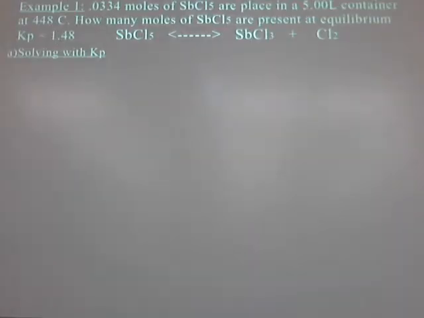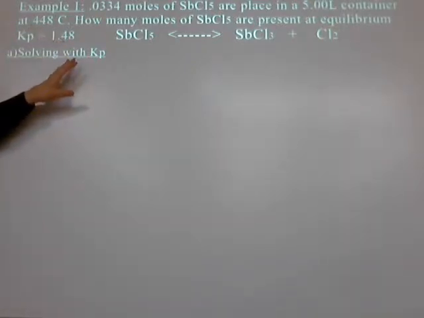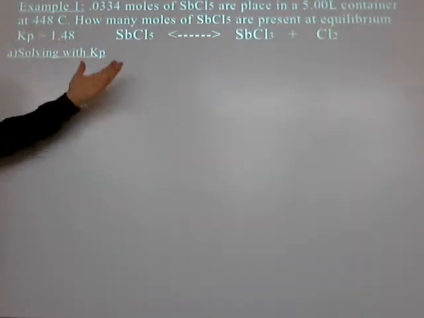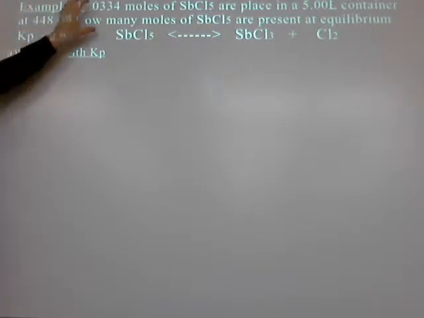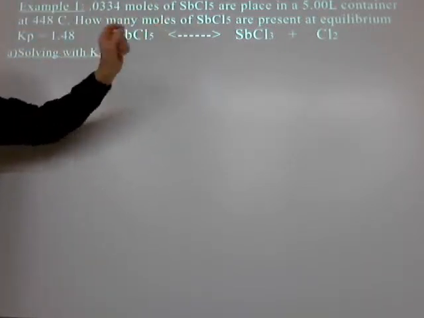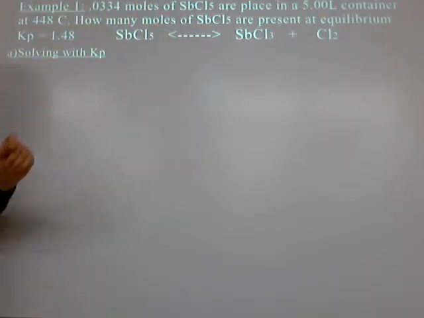To use Kp, it's products over reactants raised to their coefficients, but we don't use concentrations. We use pressures. Is there a way to convert the information given in this problem into a pressure? Yes. PV equals nRT.